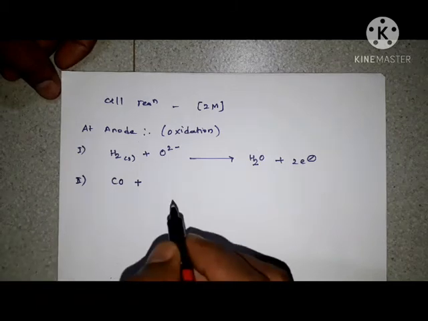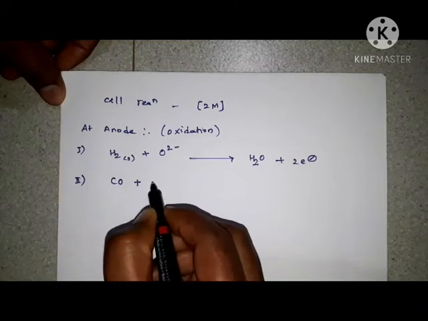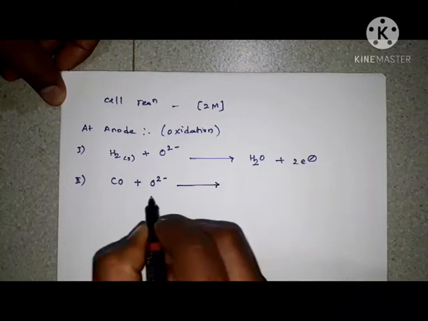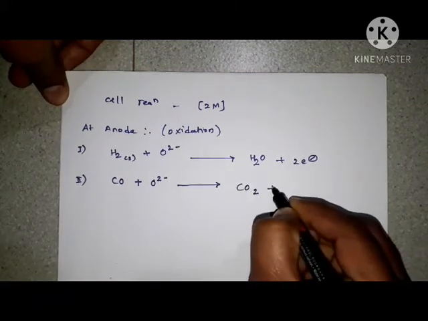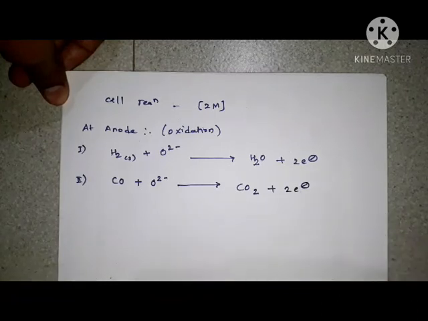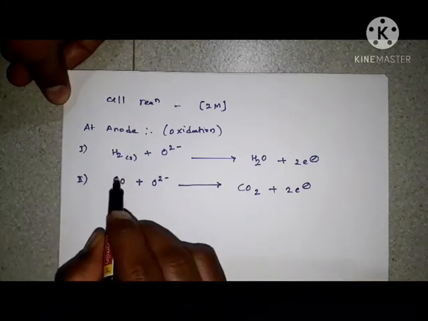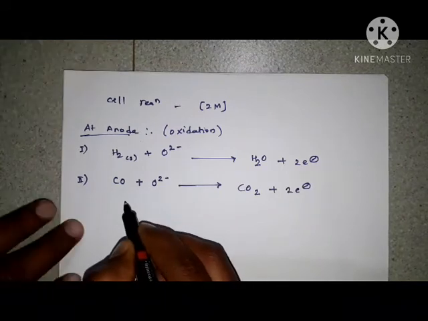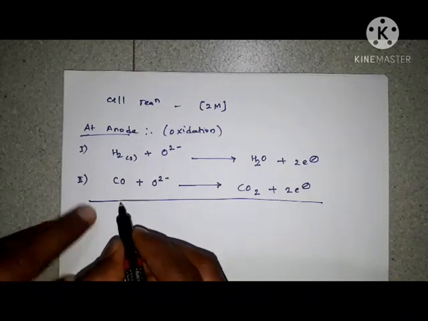because as we know, with hydrogen gas carbon monoxide also enters into the cell. So that carbon monoxide and O2 minus form another half reaction, that is CO2 plus 2 electrons, which is also an oxidation process. Both half reactions occur at the anode. So how to write the net reaction at the anode?